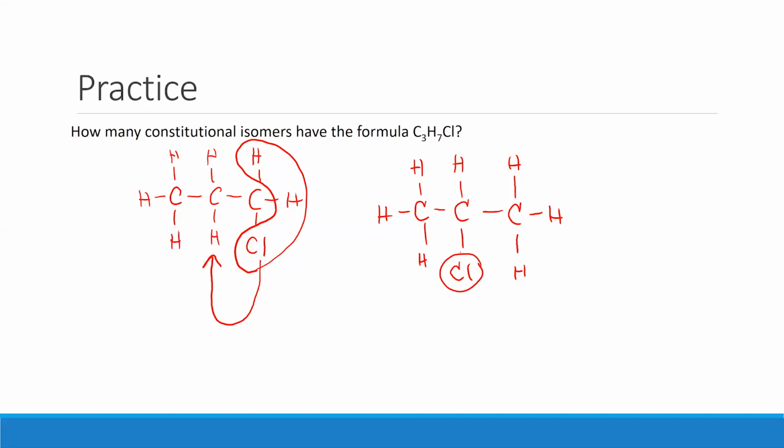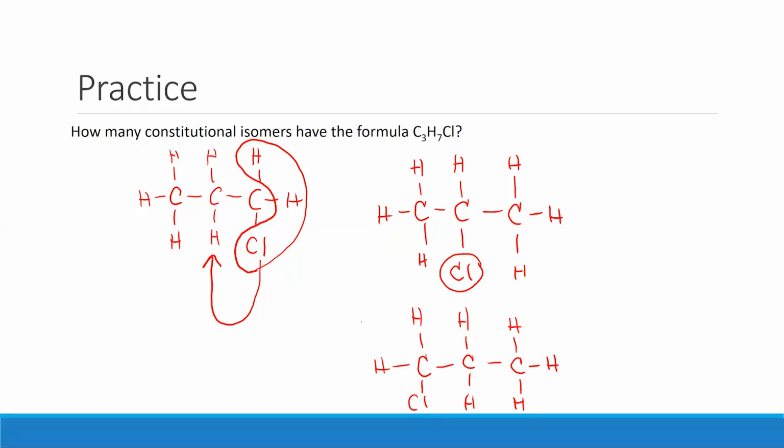Now, there's one other position open, and that is the carbon at the very beginning, the first carbon. If we were to draw this structure in which chlorine was bonded to the very first carbon, instead of the middle or the end, I will draw that version. Here's that version. A lot of people would be confused into thinking this is an isomer. You'd say, oh, well, I moved the position of the chlorine.